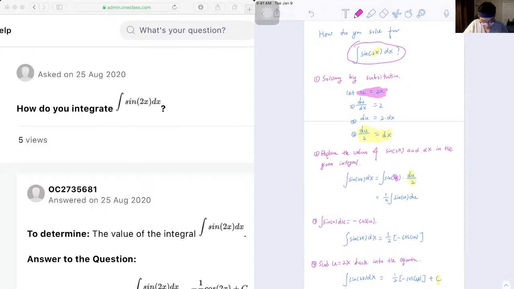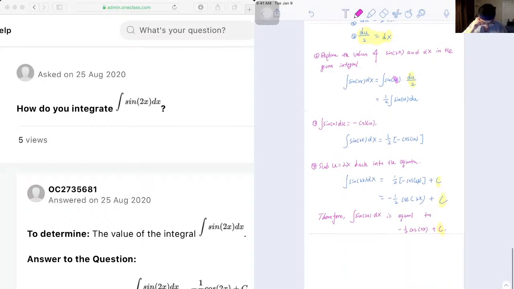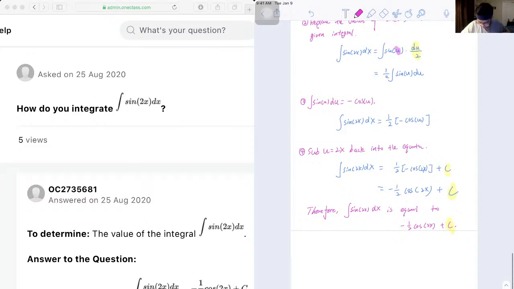So we let u is equal to the number, and by letting u is equal to whatever that is, we can always take the derivative of that, and then we will replace the value of that in the given integral. Okay, and then after doing your calculation, just remember to sub u is equal to whatever that is back into the equation and add a c at the end. Yep, and write your conclusion.